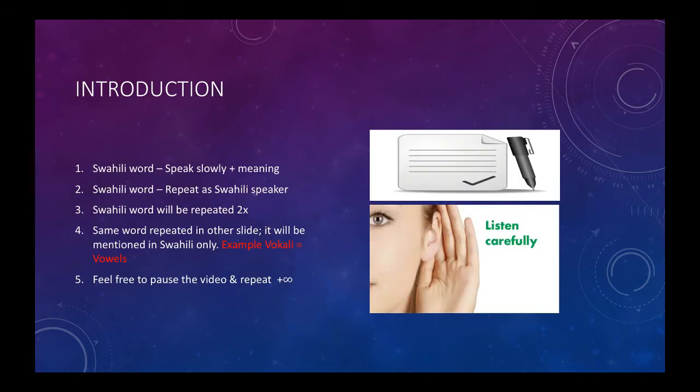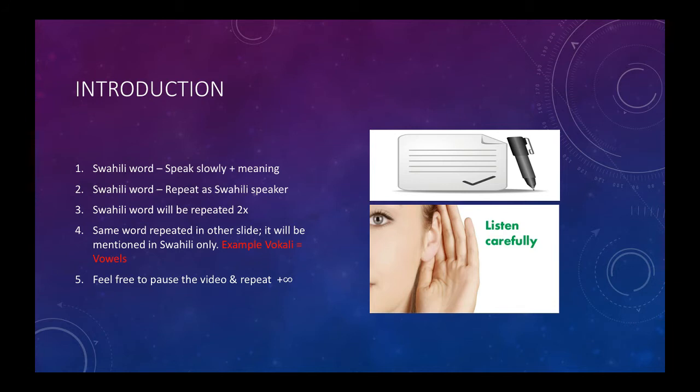Before starting with the lesson, I would like to recommend that you have a pen and paper ready to complete the activities. When I introduce a word in Swahili, I will pronounce it slowly by syllable and I will provide the meaning. Then I will repeat the word how it is said as a native speaker.